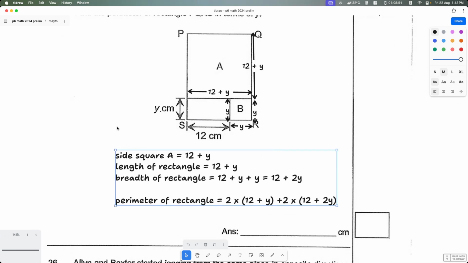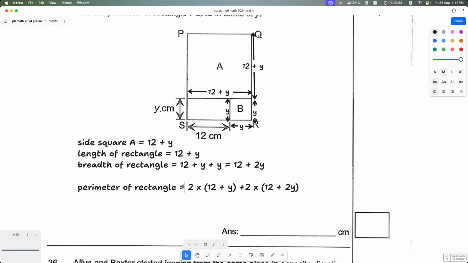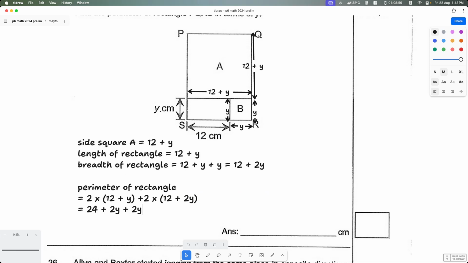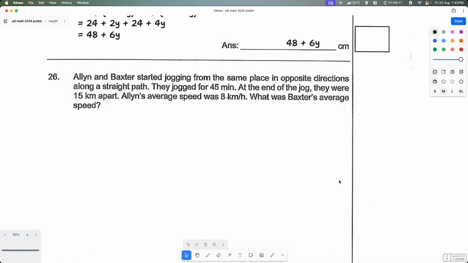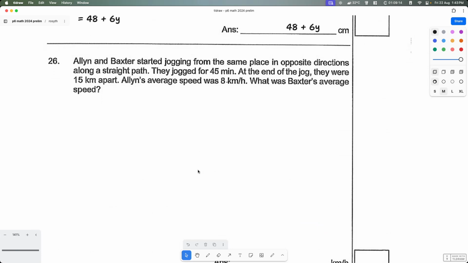So 12 plus y looks good. And this will be equal to 24 plus 2y plus 24 plus 4y, which is equal to 48 plus 6y. There you go. So the answer is 48 plus 6y centimeters. Okay, next one. Question 26.